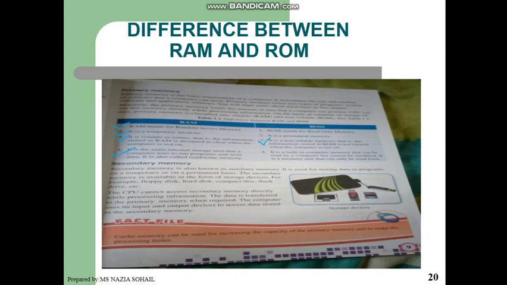It is also called read and write memory. ROM is built-in computer memory that can be read by a computer but cannot be modified. It is a memory unit that can only be read from. So these were the differences between RAM and ROM.